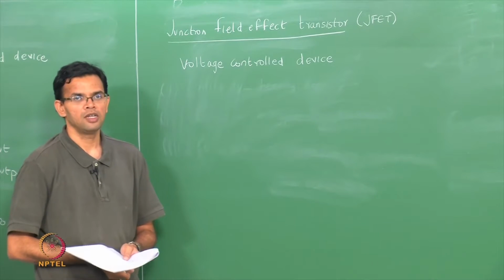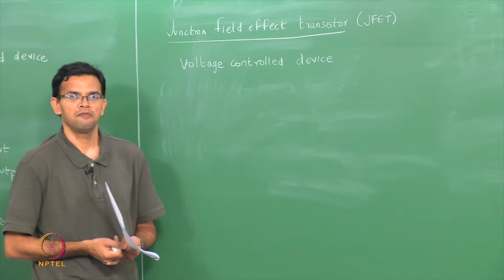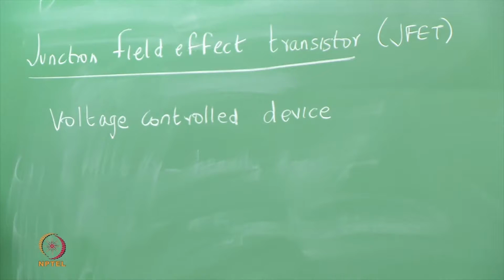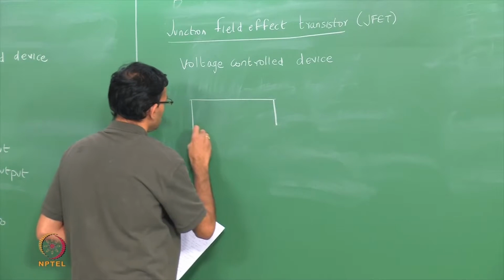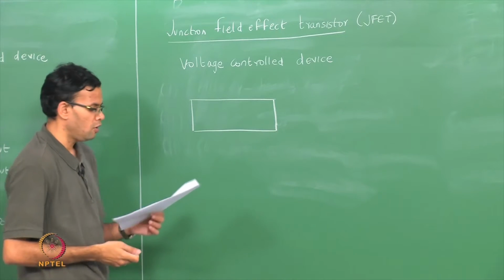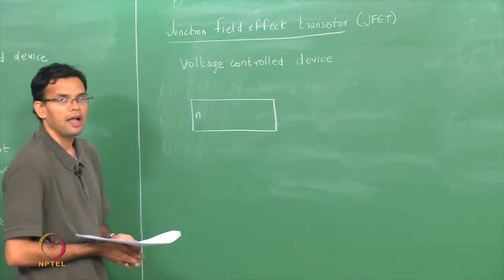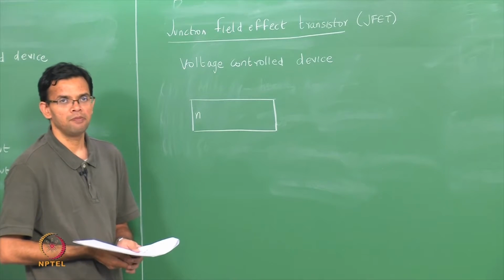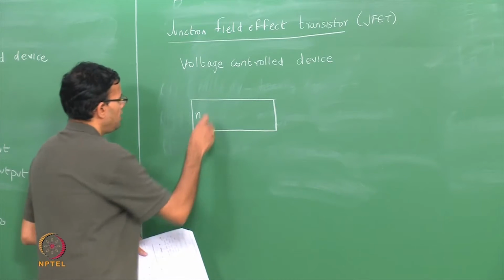So, let me draw a schematic of a JFET. Remember, once again we need 2 p-n junctions, we also need 2 terminals. In this case I start off with an n-type material. I have 2 heavily doped p-type layers within this n.